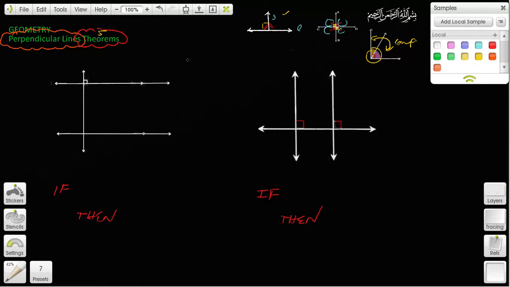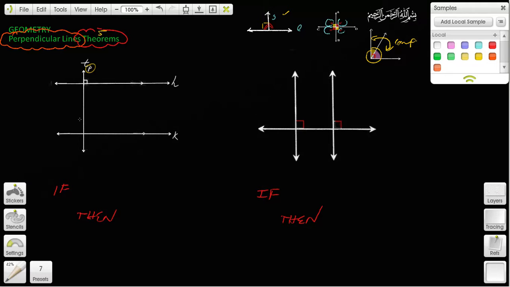So if you have two lines here, H and K, for example, and you have a third line that I have labeled as J previously, I call this one the perpendicular transversal. Let's call this T sub P. Perpendicular transversal.